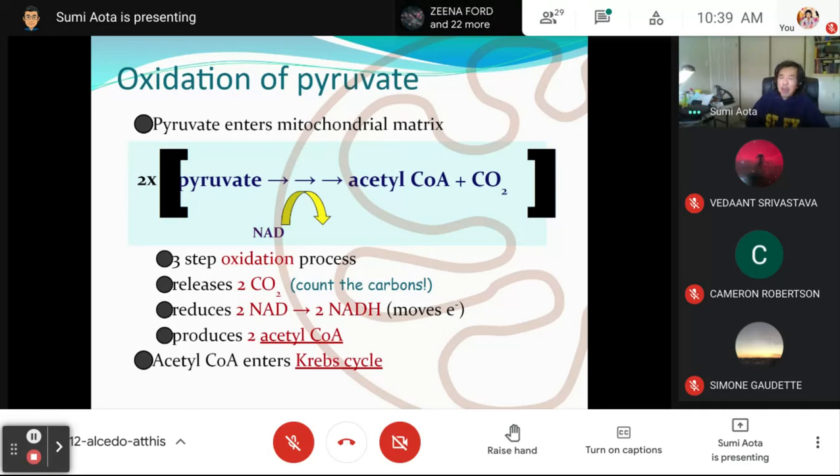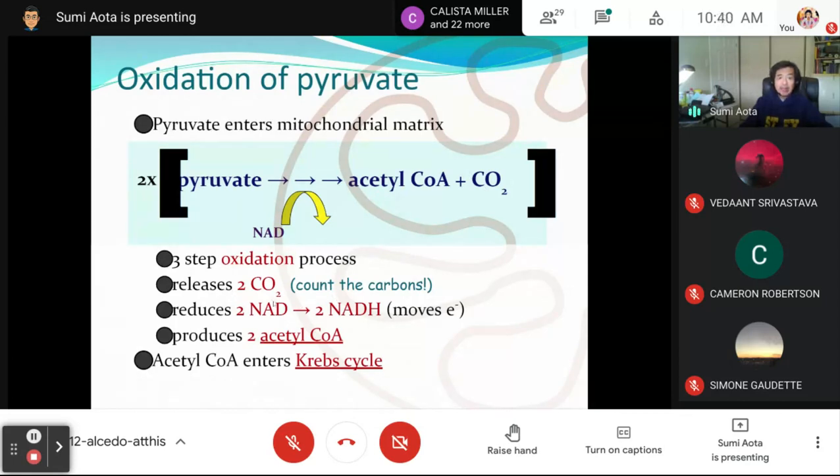Pyruvate is impermeable to the mitochondrial membranes unless we modify it, which is why stage 2 must occur. Stage 2 is a 3-step oxidation process. It's going to release 2 carbon dioxides because there are 2 pyruvates, so there's going to be 2 of these.